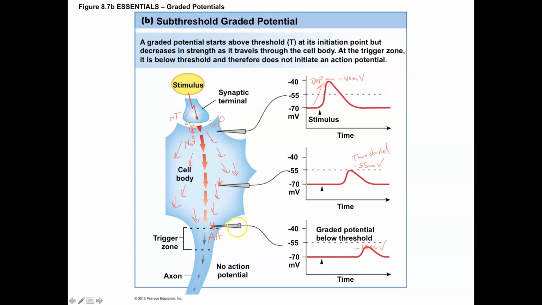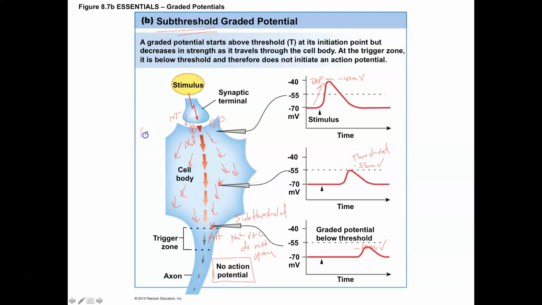And so what's happened is we have gotten to a point where we're below threshold, or sub-threshold. If you're sub-threshold, you can't open the sodium voltage-gated channels. So sodium voltage-gated channels do not open. And if they don't open, then you're not going to trigger an action potential. So no action potential.